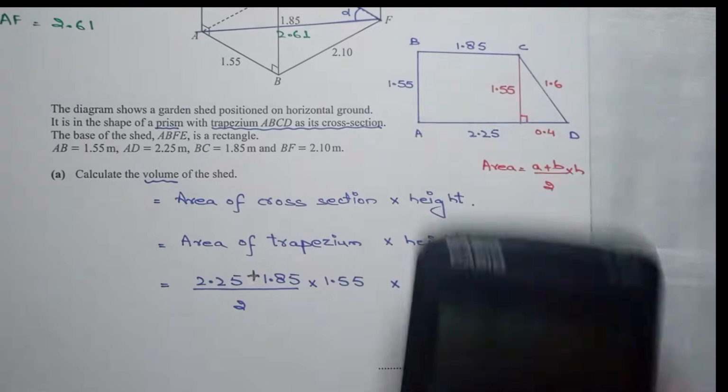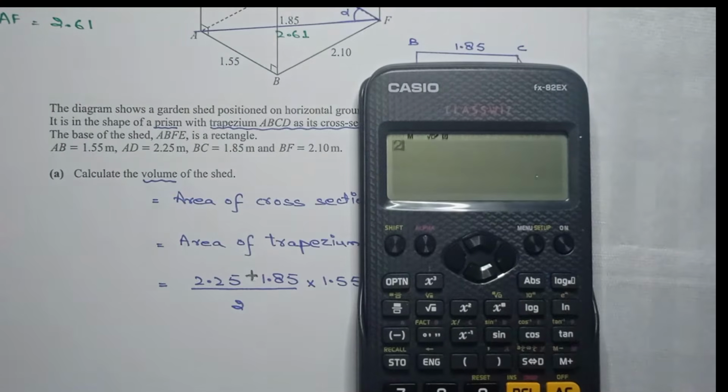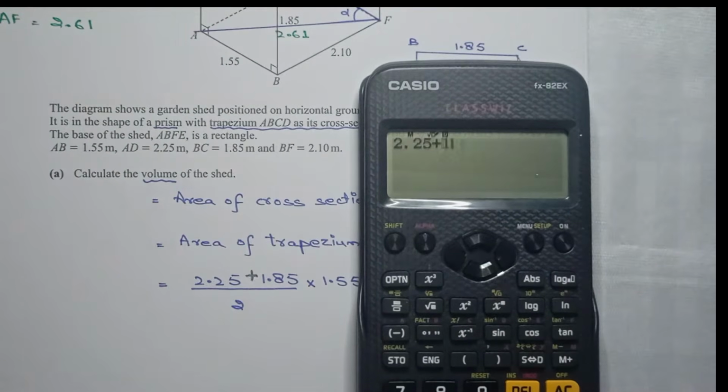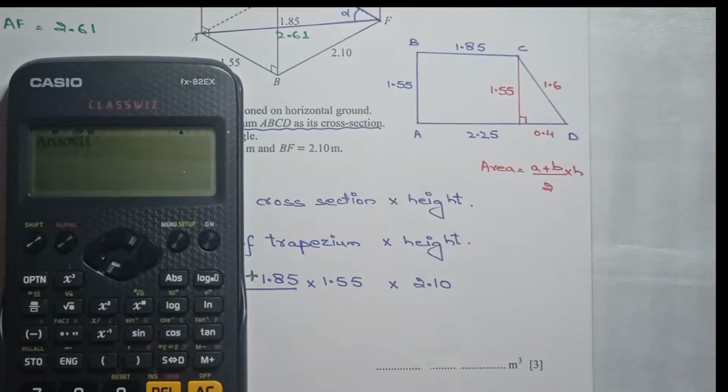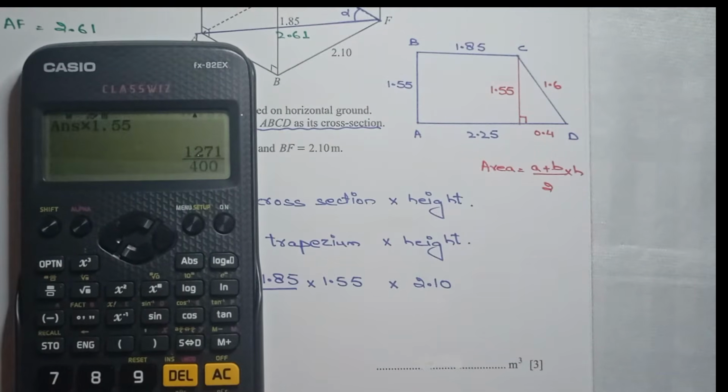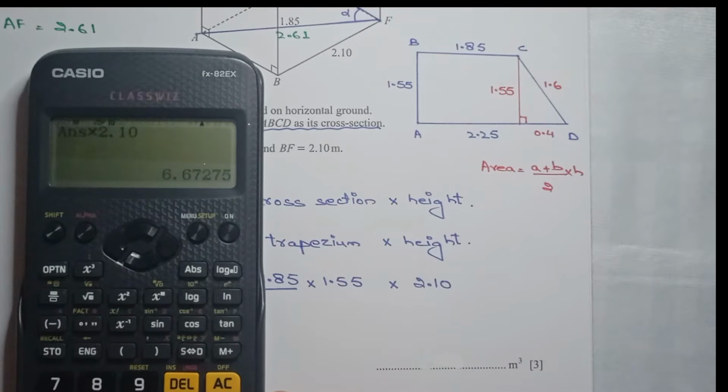So let me do the calculation: 2.25 plus 1.85, divided by 2, times 1.55, times 210. This would be equal to 6.67.